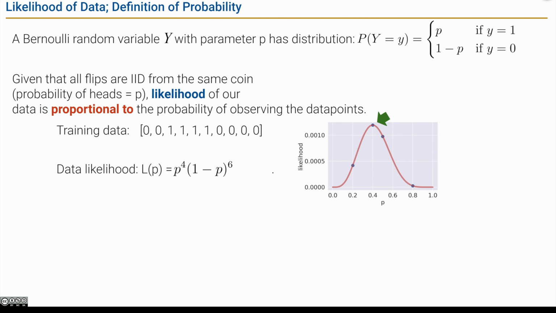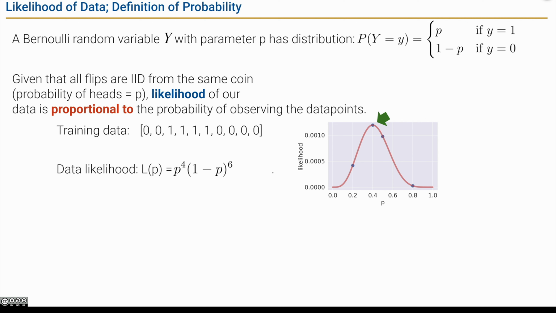This is actually a problem you've worked on in an earlier assignment. At the beginning of the semester, we had you look at output just like this and come up with the likelihood. That is the probability of observing exactly 0, 0, 1, 1, 1, 1, 0, 0, 0, 0, given that the probability of heads was p. We don't know what p is.